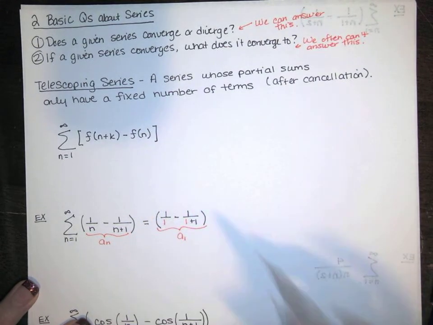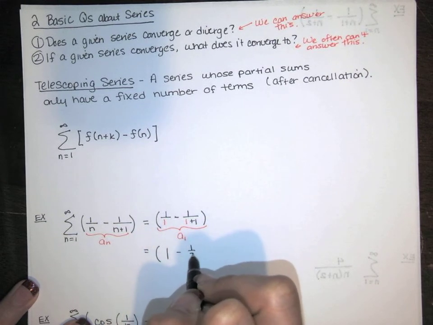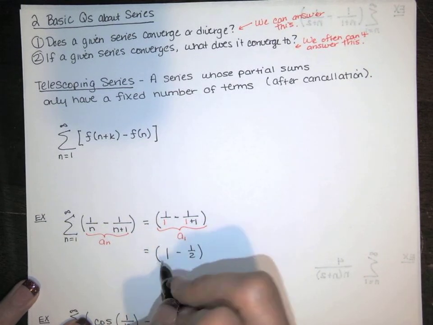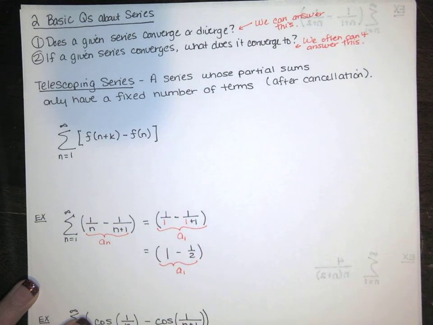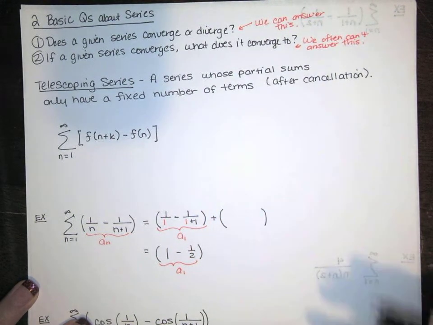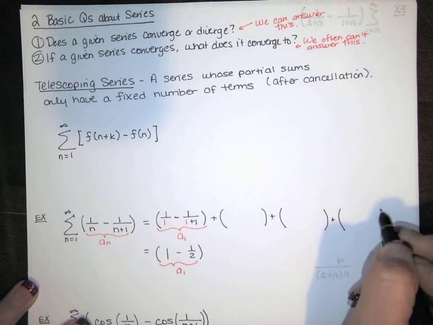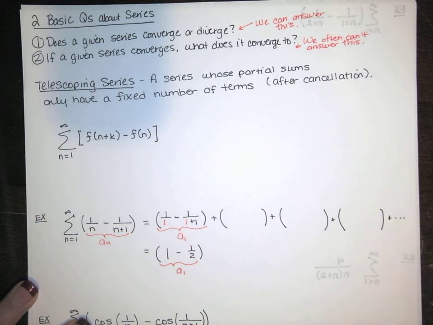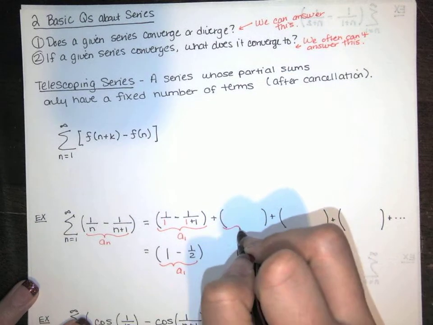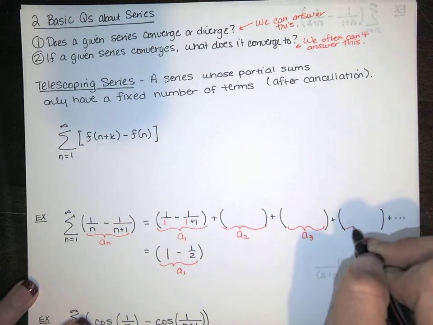So that's 1 minus 1 half. That's my a sub 1. And then I'm going to add what I get when I substitute in n equals 2, and then n equals 3, and then n equals 4, and so on. So this is my a sub 2, this is my a sub 3, and this is my a sub 4.